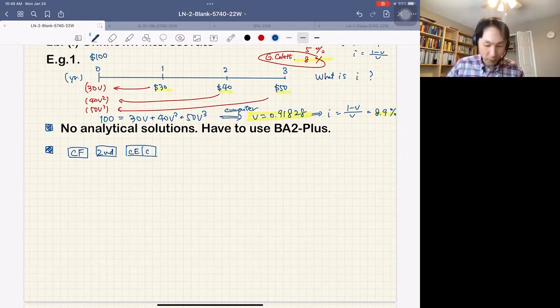CE/C is at the bottom on the left-hand side, the most left. Then after that, we put 100, the negative sign. Oh, sorry, 100 then the plus minus sign. So overall, this means negative 100. Okay, then enter. ENT.